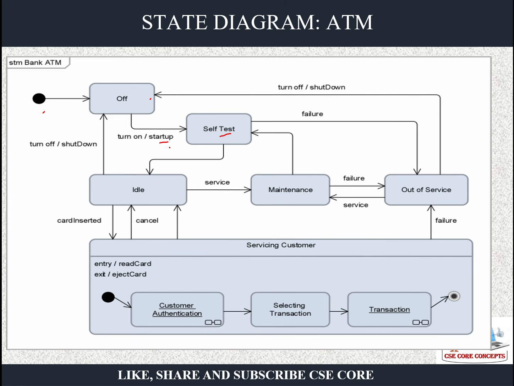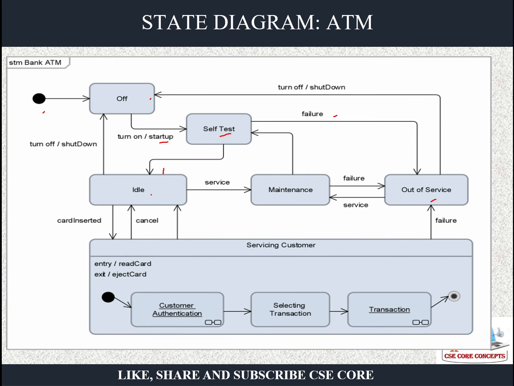Suppose the ATM machine was switched off and you switched on that machine. Like your system, the machine takes time to start up. Then it will go to an idle state, or it will go to a failure state, meaning the machine is not starting up, so it will go to an out of service state. Otherwise, it is in an idle state until some customer comes.